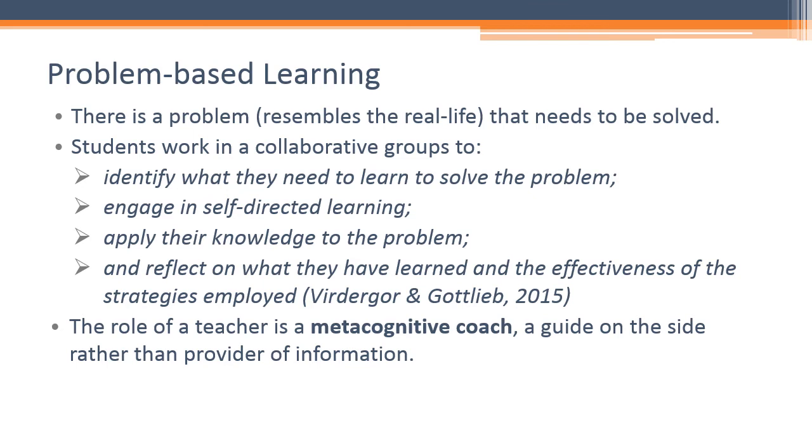And students work in a collaborative group to identify what they need to learn to solve the problem, engage in self-directed learning, apply their knowledge to the problem, and reflect on what they have learned and the effectiveness of the strategies employed.